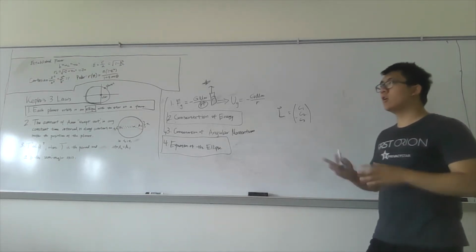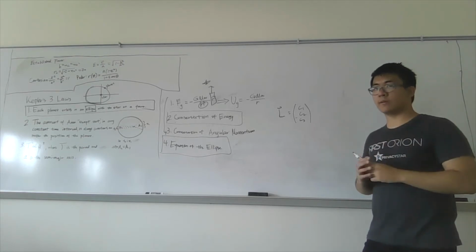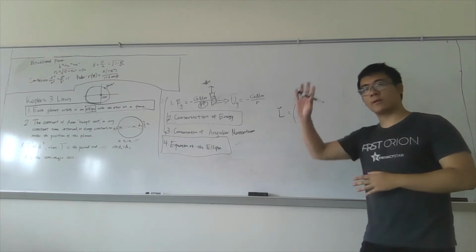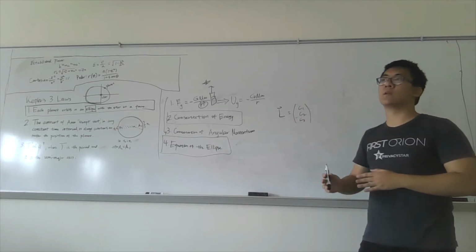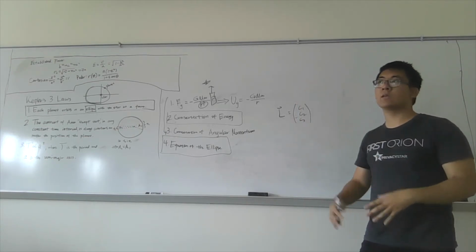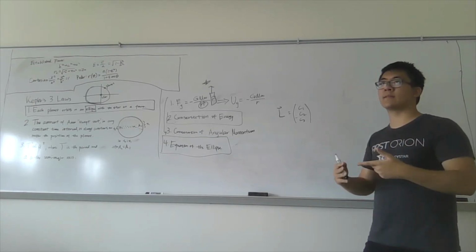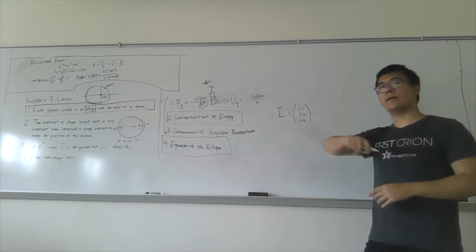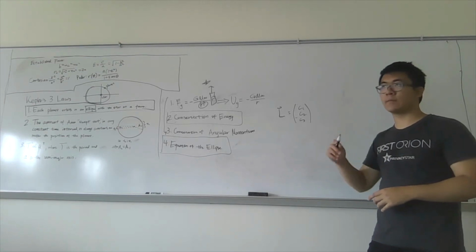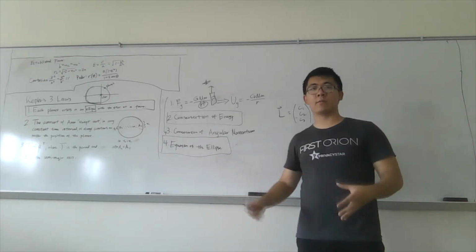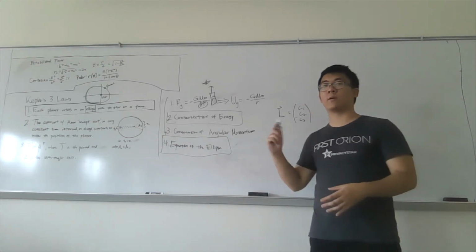We can choose our coordinate system so that when we look down on the xy plane, the entirety of the planet's orbit will be contained in that plane.